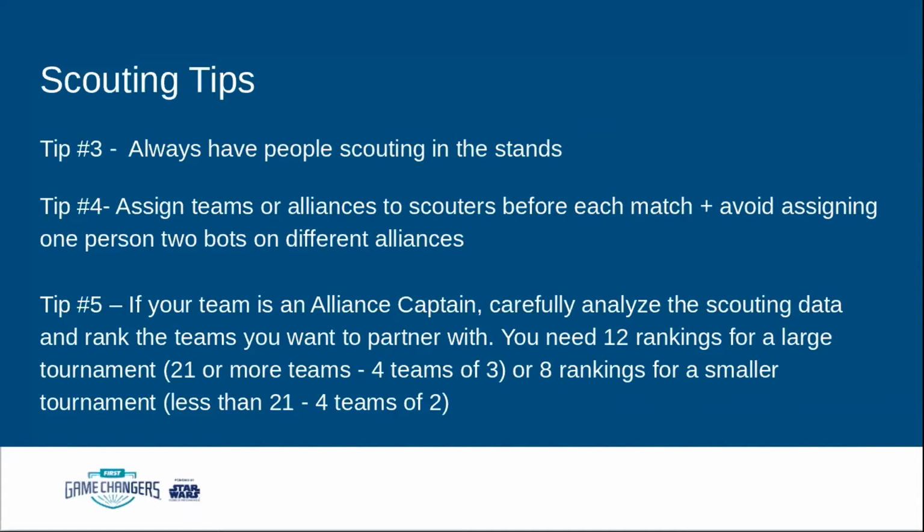Okay, so tip number 5 is especially important if you're an alliance captain, and that's really knowing how the picking phase is going to work. So in general, you can be a captain without being the first pick, right? It goes through 1 through 4.